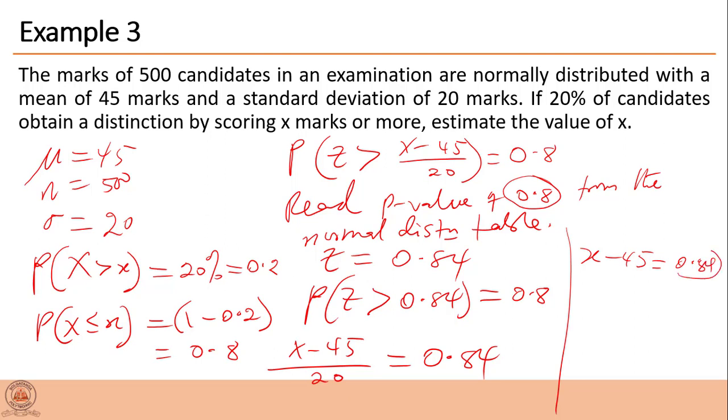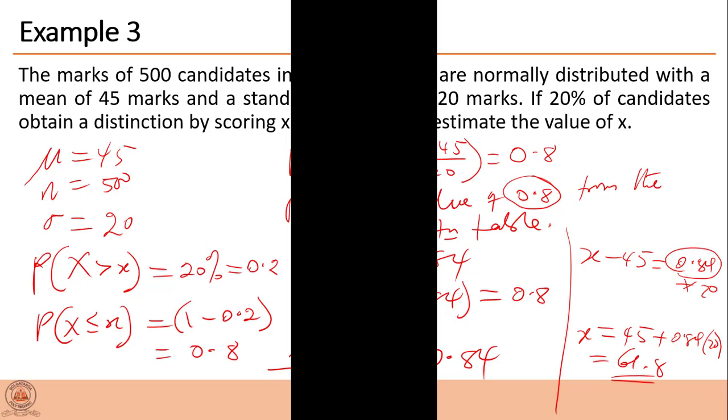Multiply this by 20. So our x, make x the subject, is equals to 45 plus the product 0.84 multiplied by 20. So if using your calculator, this should give us approximately 61.8. So this is the value of x.